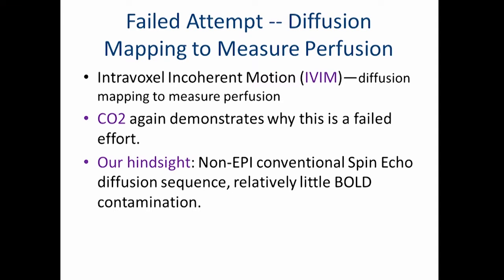And when we were doing diffusion back in the 1990s, maybe fortunately for us, we did not have EPI-based diffusion. The sequence wasn't written yet. So we were doing the standard classical spin warp, spin echo diffusion sequence. So there's very little BOLD effect, so whatever we saw was probably real.